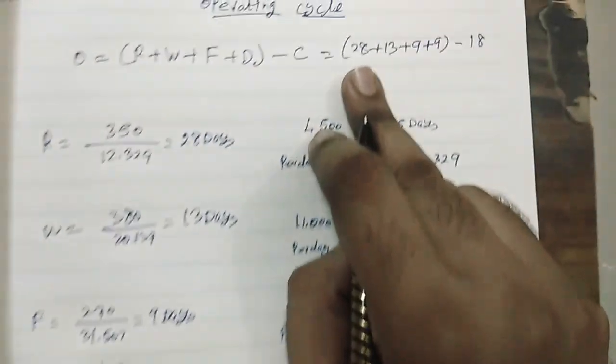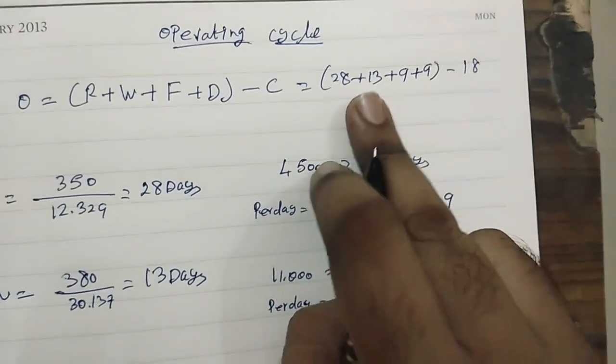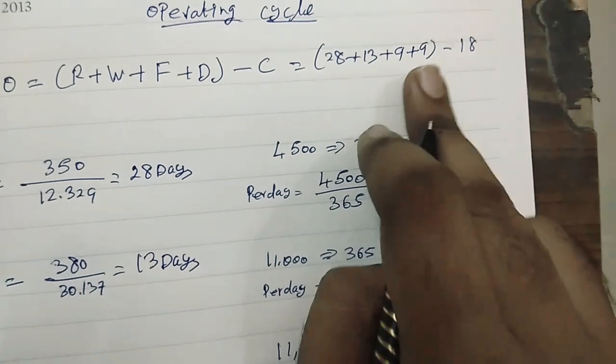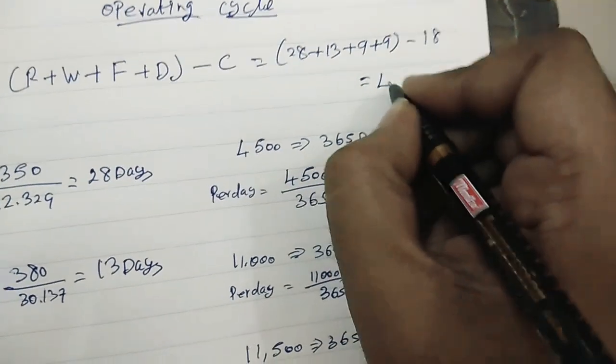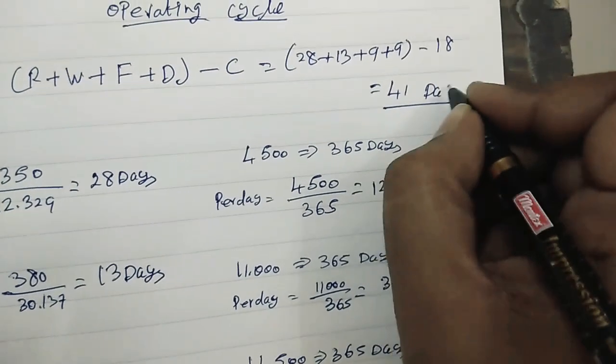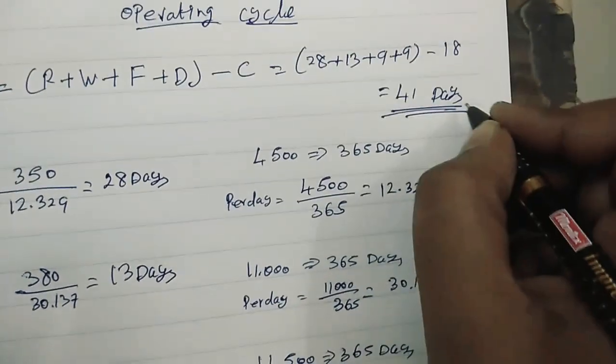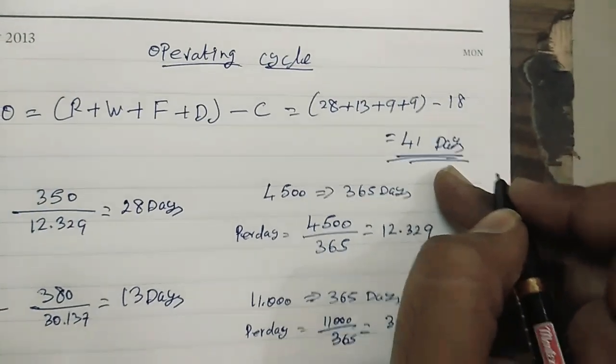So 28 plus 13 is 41, plus 9 is 50, plus 9 is 59. 59 minus 18 is 41. So the operating cycle is 41 days. That is the answer. This is the method to calculate the operating cycle.